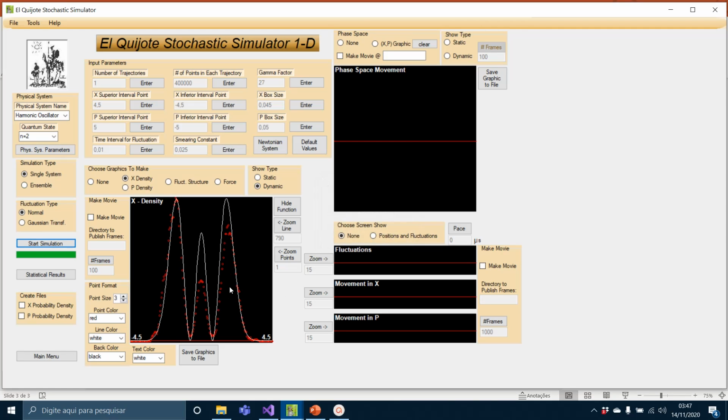And for a single system, we will have to have a few more points to represent the relation. This result is better if we make the ensemble simulation, but we will leave this discussion of single systems and ensemble for a different time.